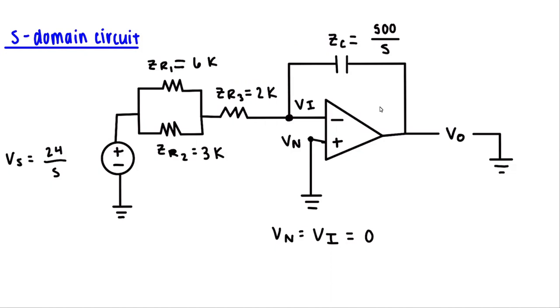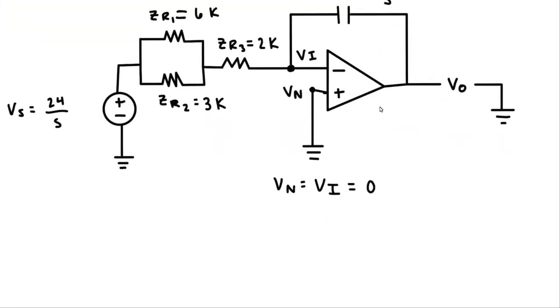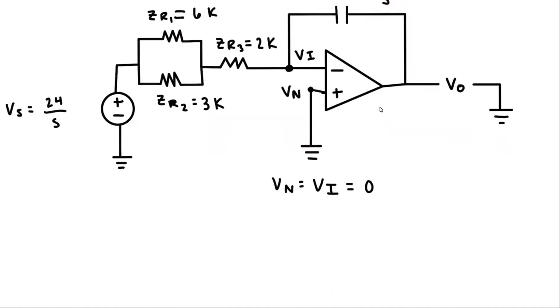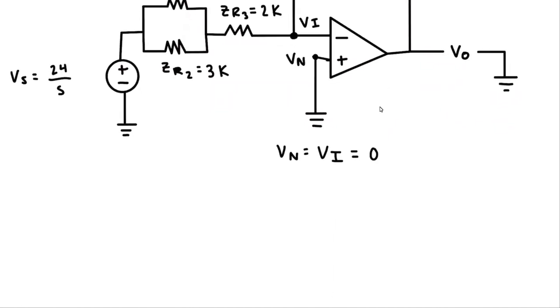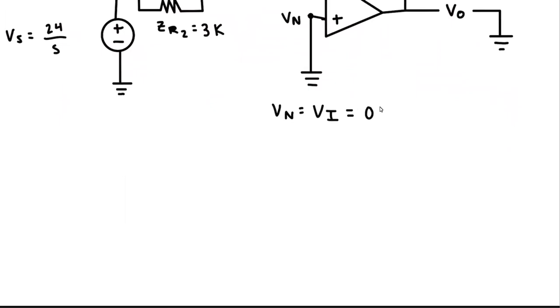So now that we have our circuit in S domain and we have labeled our nodes, we can begin solving for the Vout. Before we start our nodal analysis, we can start off by finding the equivalent impedance of the three resistors. Since we know that the 6K and the 3K impedance are in parallel, in S domain, we can treat them the same way as we would in time domain.